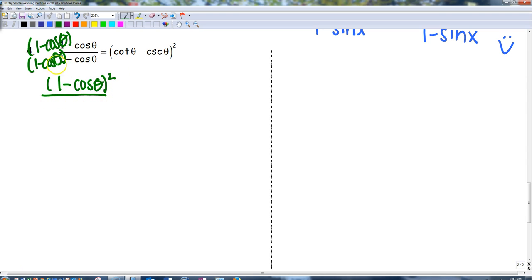But then it also, when you FOIL, is going to give you 1 minus cosine squared theta on the bottom. And that provides us the opportunity to switch this to a sine squared theta and see what we can do with this. And I'm already writing too big, I know that.